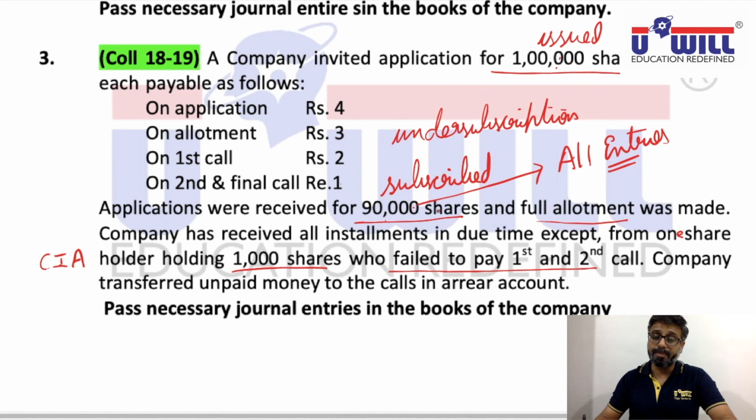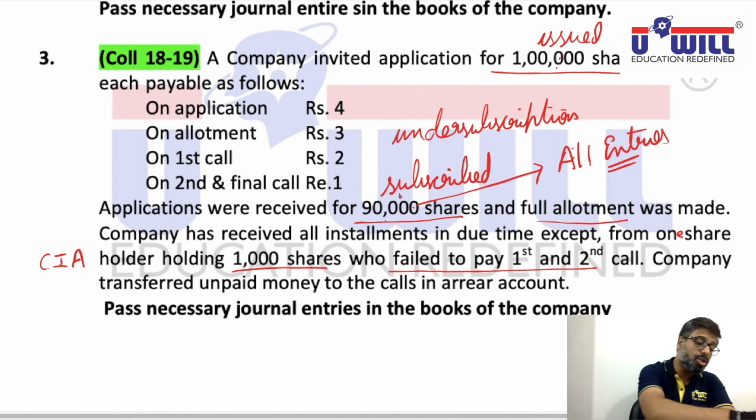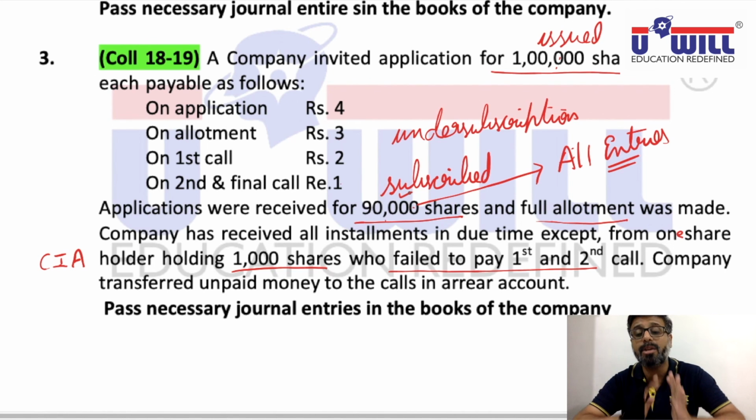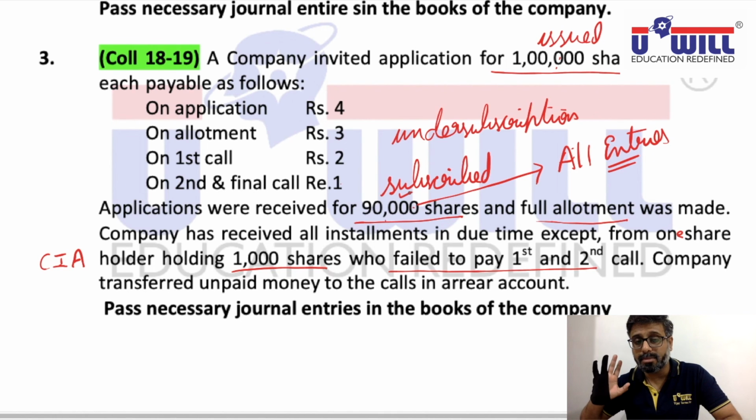However, from accounting point of view, all entries now you'll pass with only 90,000 shares because you received only 90,000 applications. You're going to allot also 90,000 applications. So first to last, all entries with now 90,000 shares. And obviously no refund. Okay, first to last, all entries with 90,000 shares and no refund.